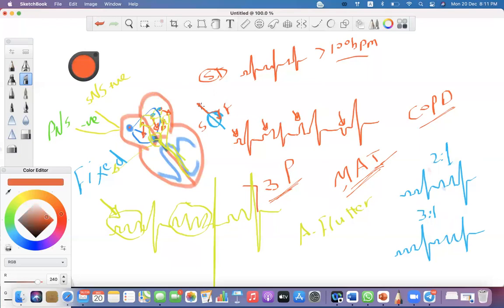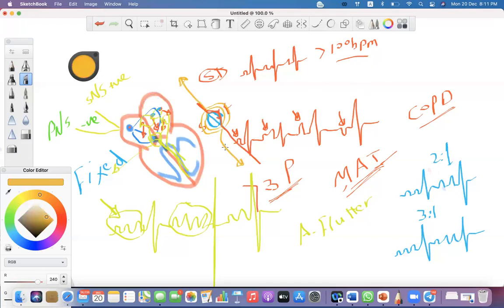Normally, conduction goes through the fast pathway to reach the ventricle and induce contraction. In some pathologies, this slow pathway will function and work. So the electricity goes through the slow pathway and re-enters the fast pathway, then goes through the slow pathway and re-enters the fast pathway again. This activity will go up to stimulate the atria and go down at the same time to stimulate the ventricle.